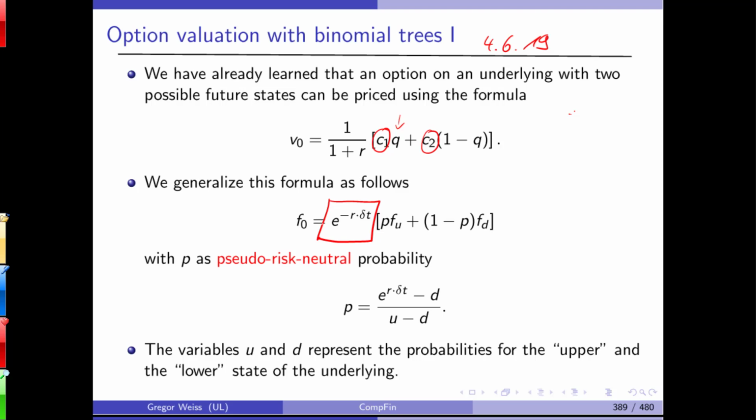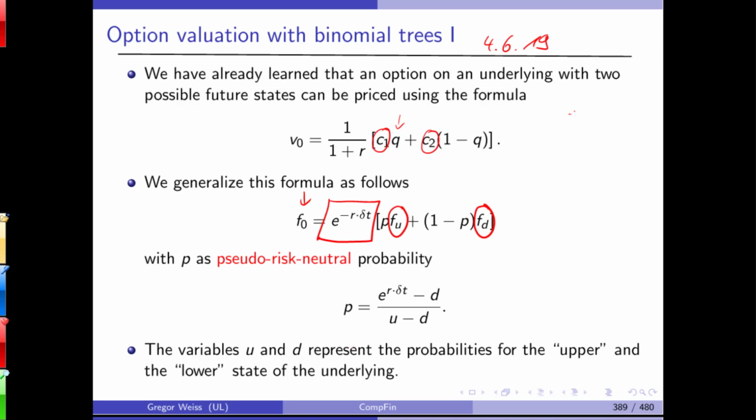We again have a pseudo risk-neutral probability P and 1 minus P for the downstate, and the two cash flows or the states are FU for F being in the upstate and FD for F being in the downstate. And again, the price then should be the discounted expectation of the future cash flows.